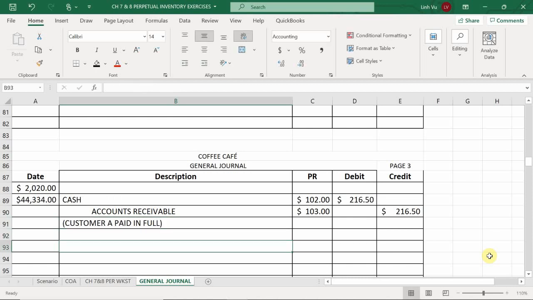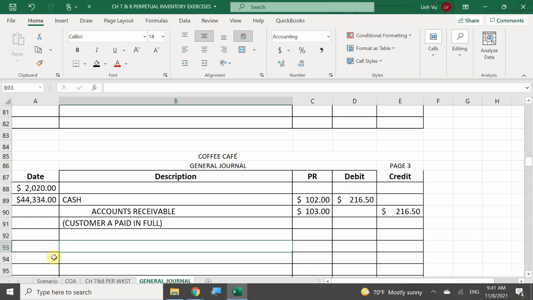Or you could say received payment from customer A, whatever makes sense to you. Now, in this case, does a payment from a customer affect anything that has to do with inventory? No, they're just simply paying for what they owe. Okay?